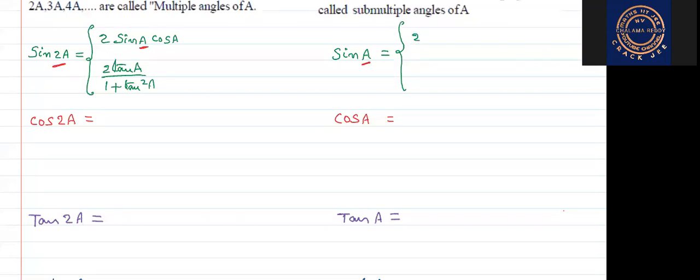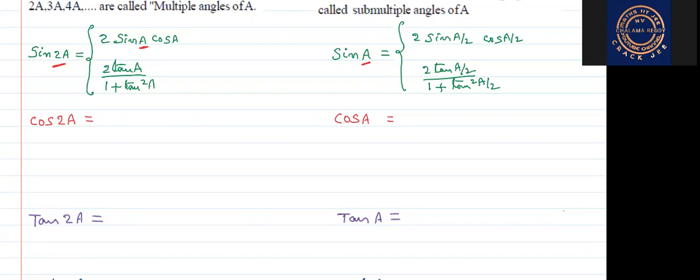So the sine a formula is 2 sine a by 2 cos a by 2. In terms of tan, observe this, 2 tan a by 2 divided by 1 plus tan square a by 2. This is the submultiple angle formula.